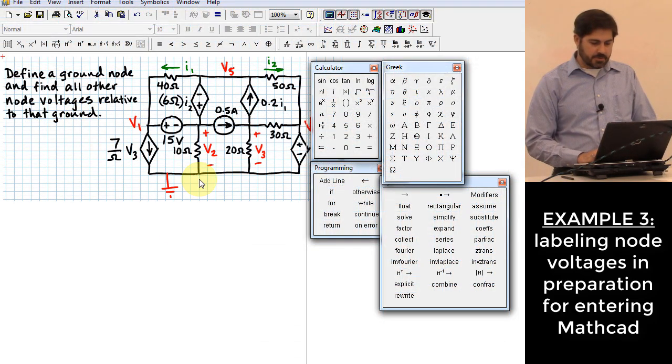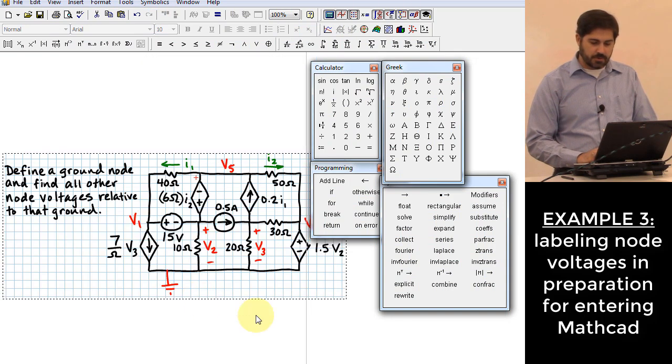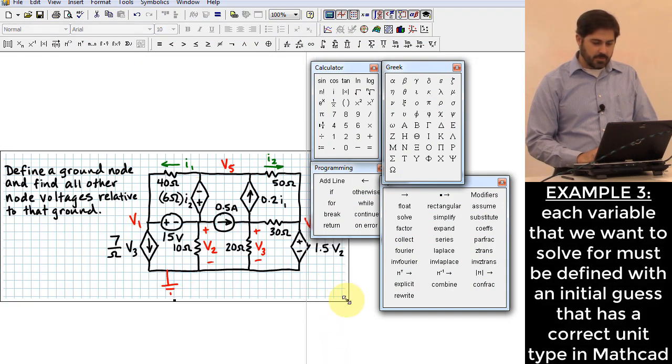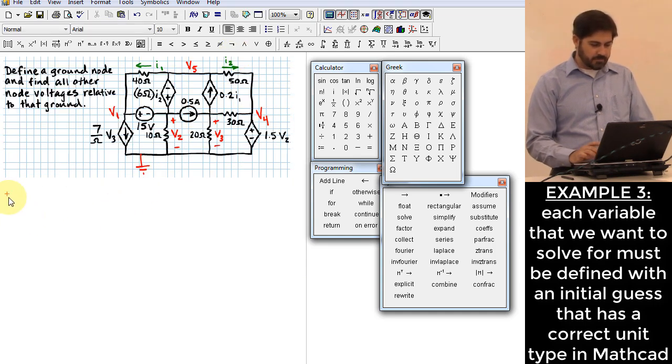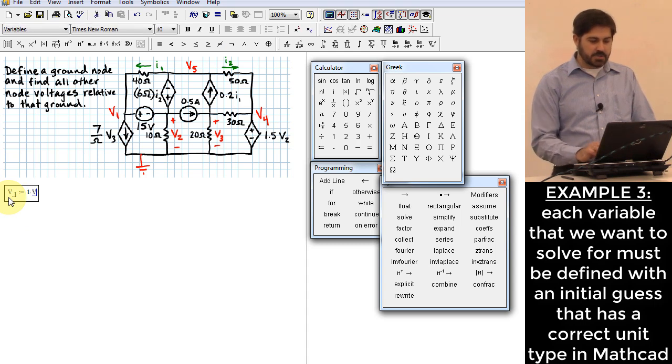All right, so there's our circuit we're trying to work from, and I mentioned a second ago we're going to define all the different variables that we are hopefully going to try to solve for. Let me do V1, and it doesn't really matter what you pick as your initial guess, but you have to pick something.